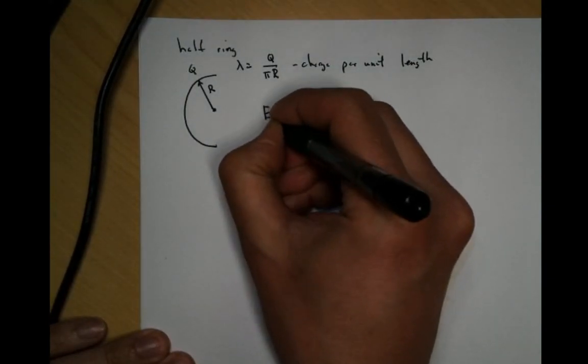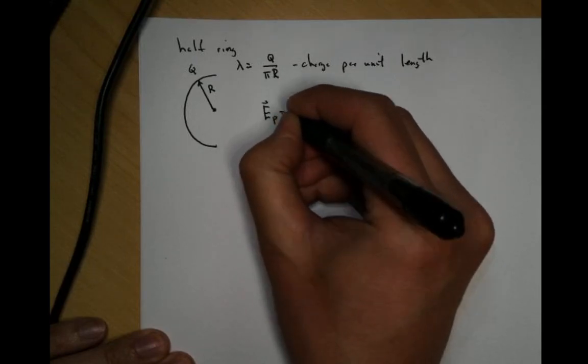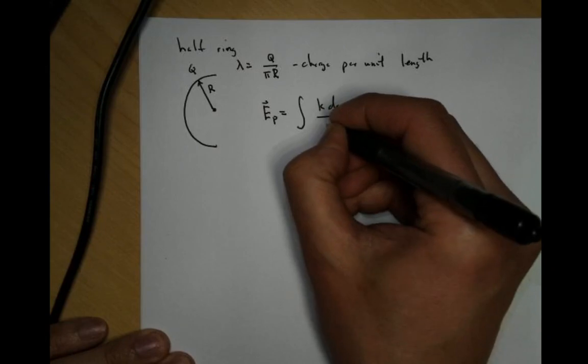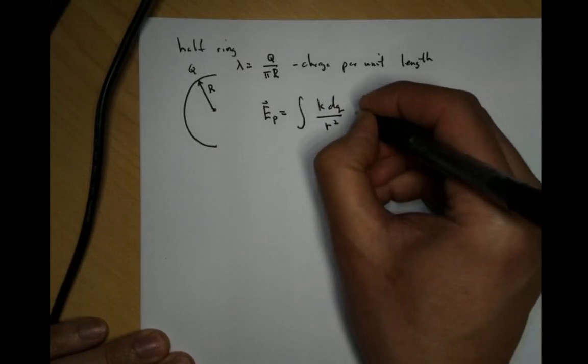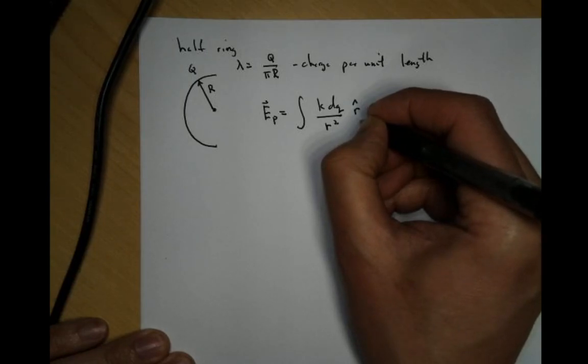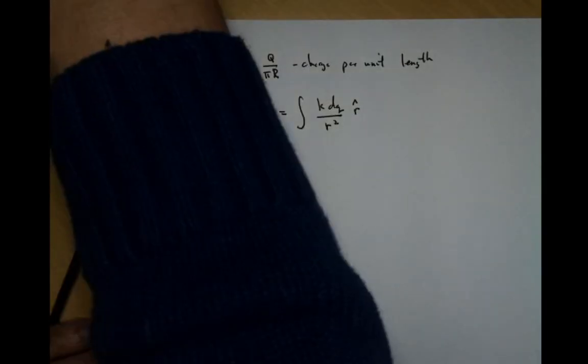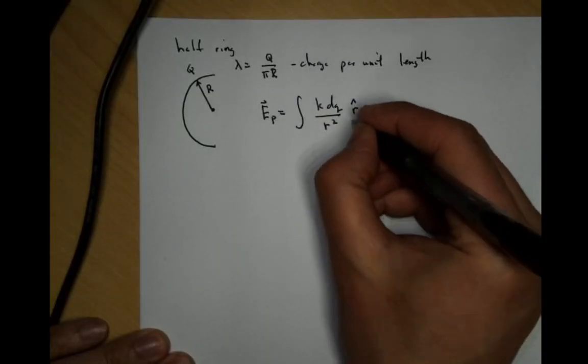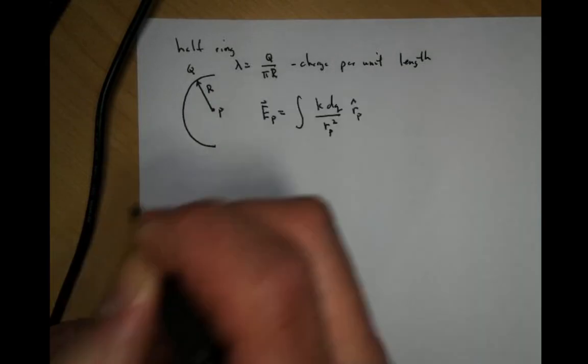As previously discussed, E_P is just going to be the integral of k dq over r squared r hat. If we want to be extremely pedantic about it, we could write this with a subscript P. I'll call this my point P there.